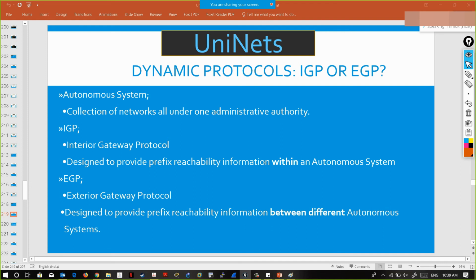Every ISP will have an autonomous system number. Whatever routes Reliance is learning from Airtel, it has to know that these routes are coming from Airtel.